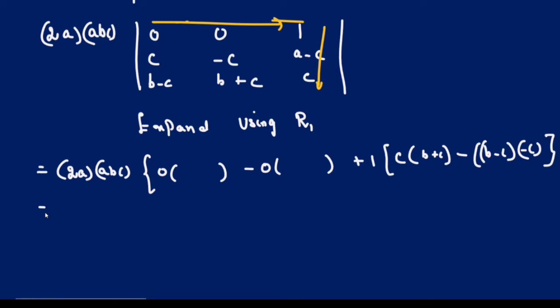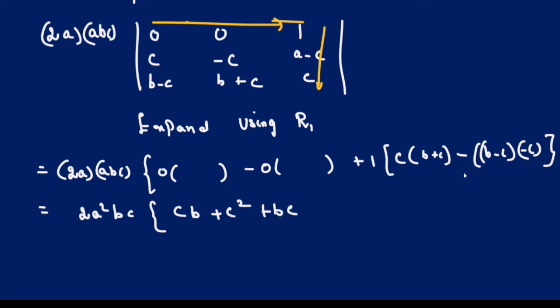So this is equal to 2A square BC, and all these zeros you have here. Multiply now: CB plus C square. Now minus, here one minus BC, right? Minus BC into minus becomes plus BC. Then minus into minus, plus C square minus C square.